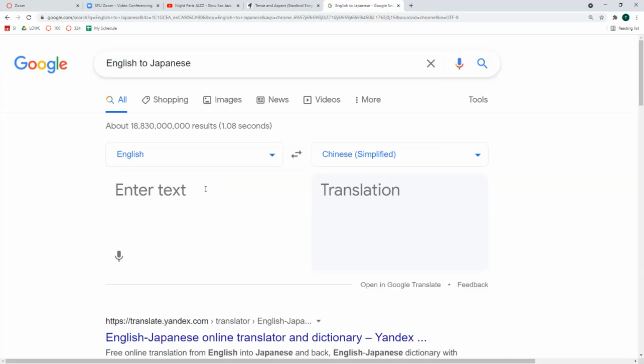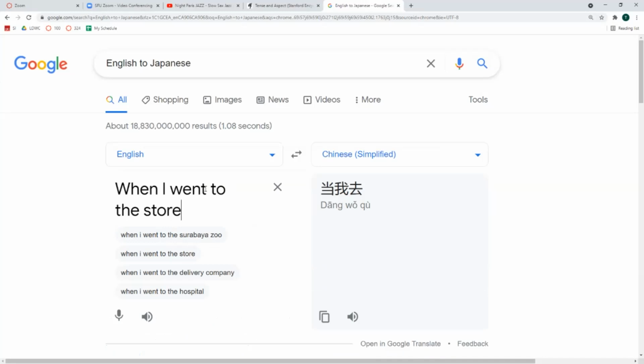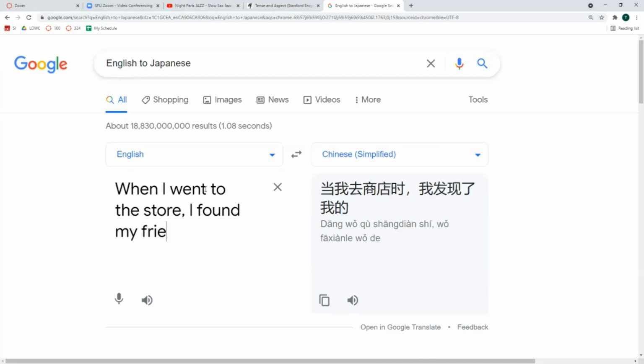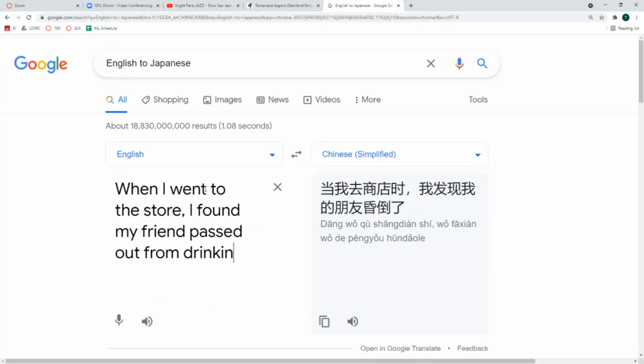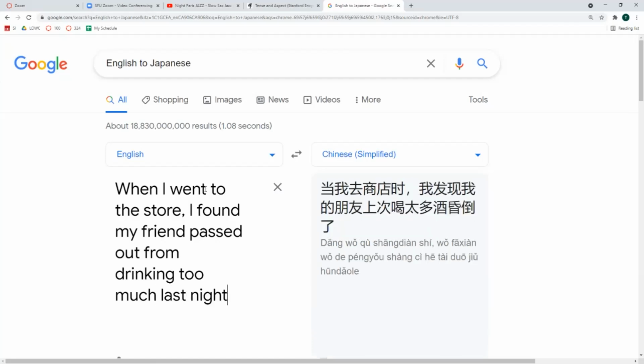Okay, so you can tell me how bad this translation is. When I went to the store, I found my friend passed out from drinking too much last night. Okay, so my guess is that what I've typed in is not translated perfectly.